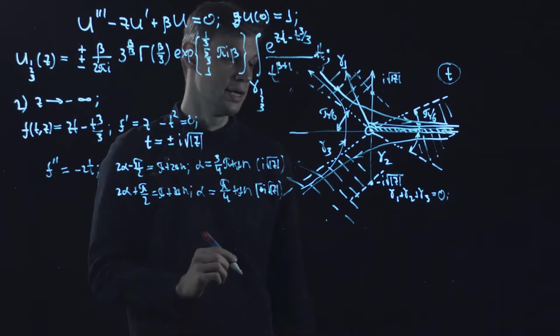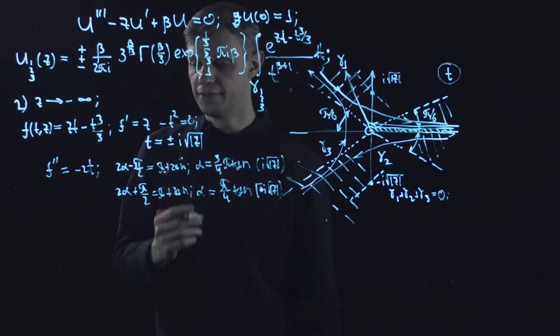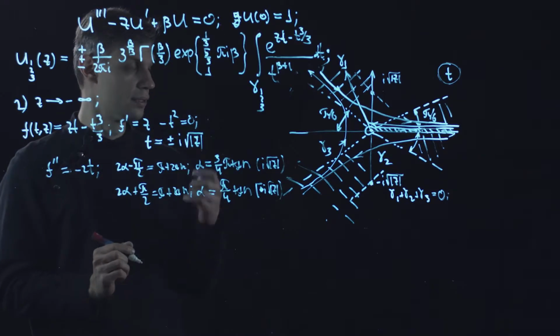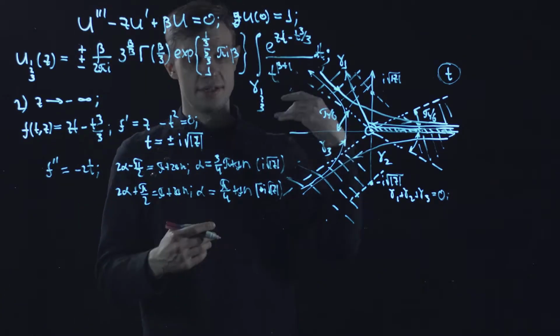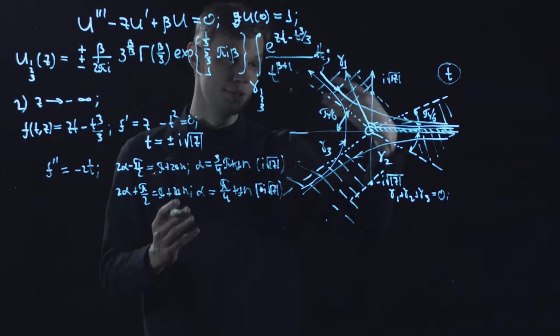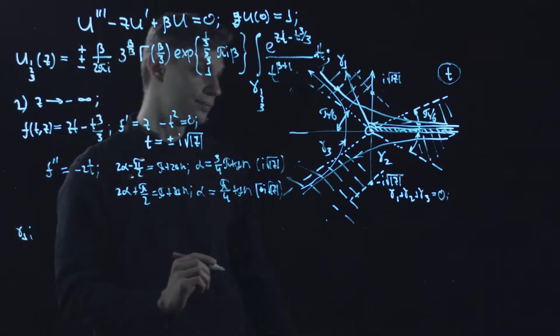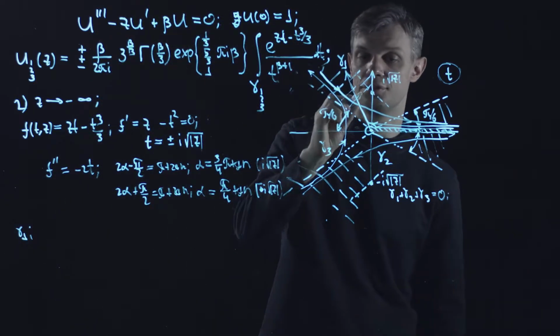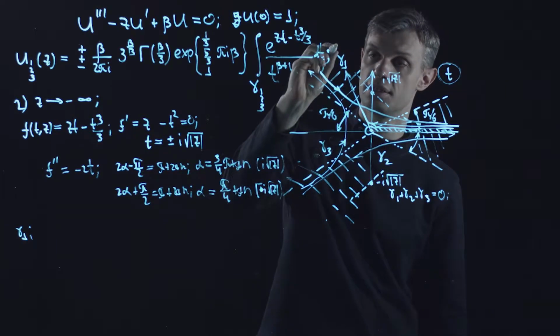And now the legitimate question is, how do we define the asymptotics in this case? Well, again, the deformation of the upper and lower contours is almost obvious, because the upper contour can be deformed into a combination, again, of two straight lines.